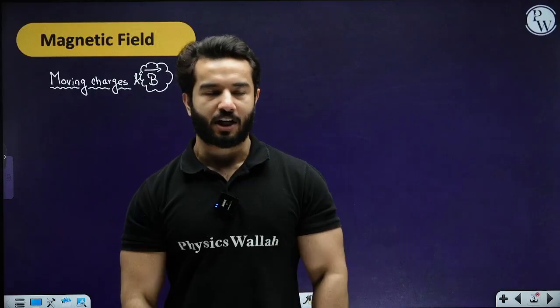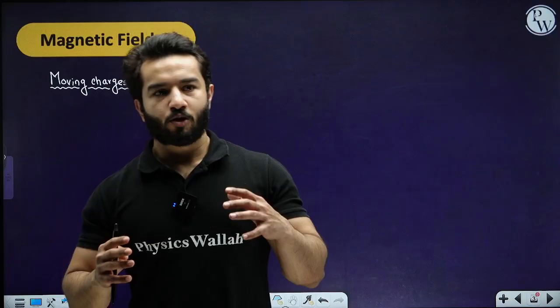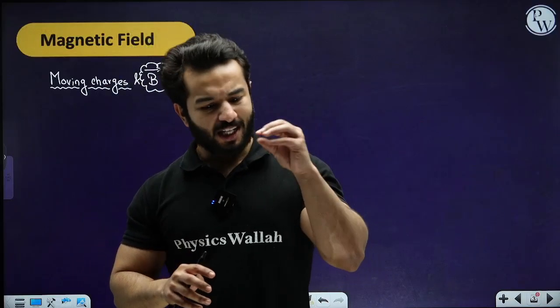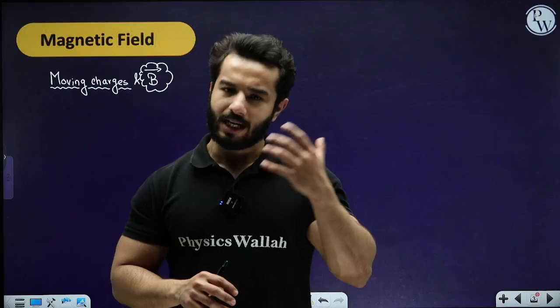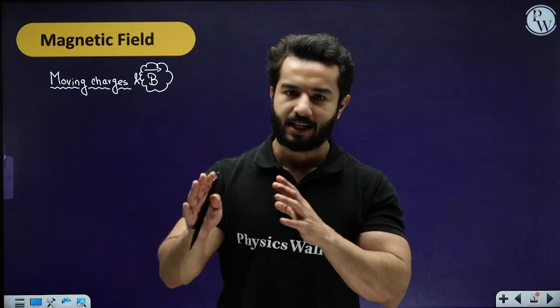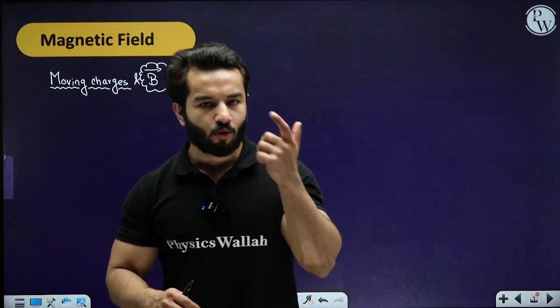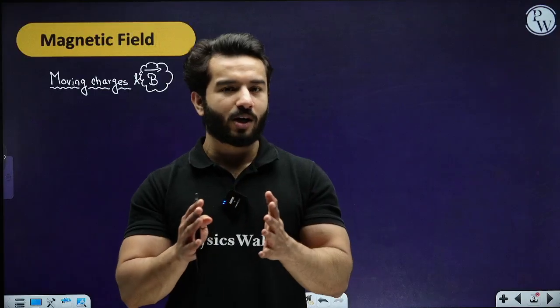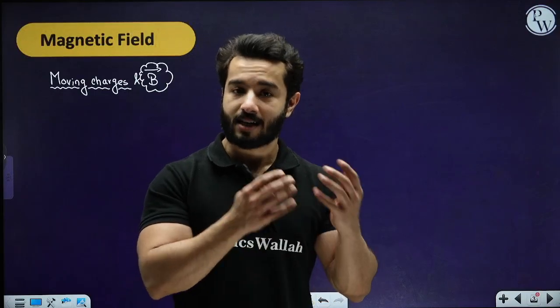of the entire chapter. Dosto, whatever we have learned so far, whenever you have a charge kept at rest, we talk about electric fields, we talk about the concepts of electrostatics when charges are at rest. When charges start to move, we say that now we are going to talk about something that is called current.